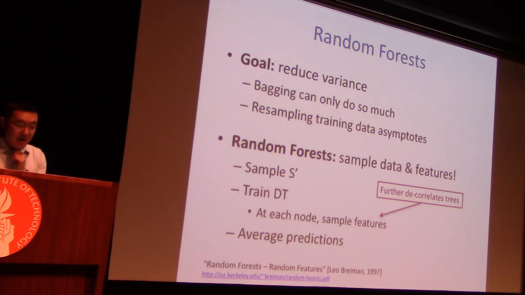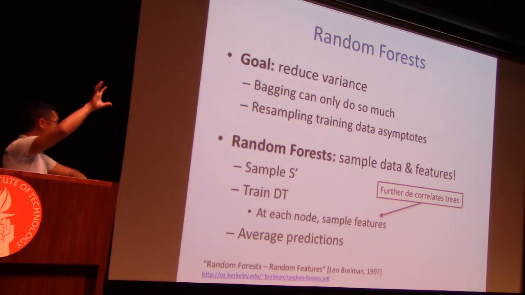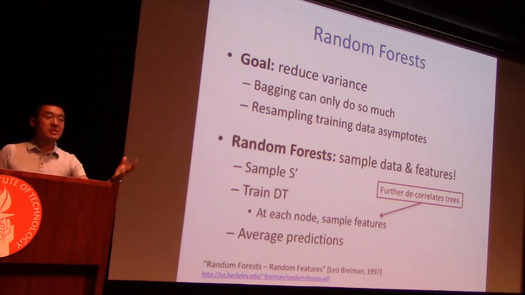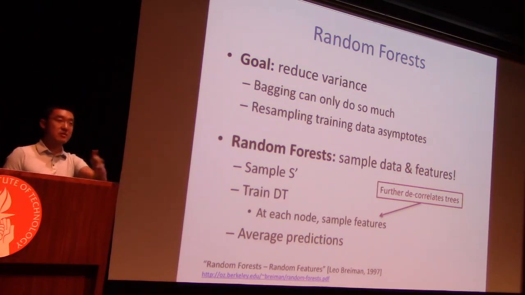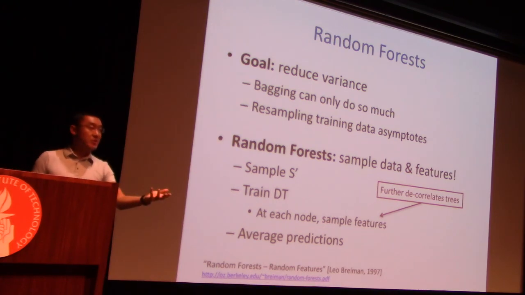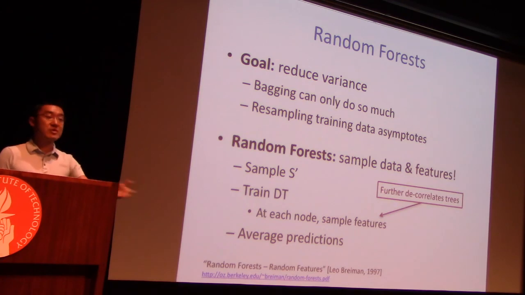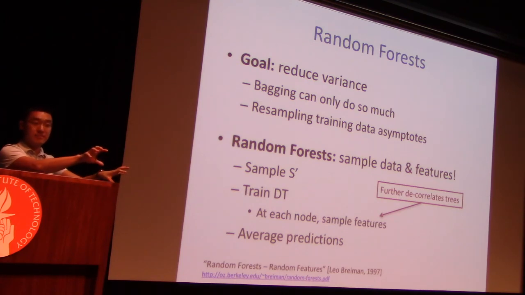That means that as we're doing top-down training, for each internal node, we're going to sample a subset of the features that are allowable. And you can only do the top-down induction over those allowable features. So you're not allowed to loop over every possible feature. You're only allowed to loop over a subset of the features that are sampled randomly at every internal node during top-down training of the decision tree.